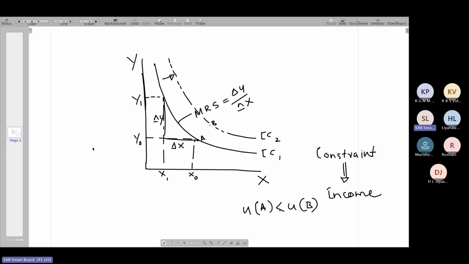And if you talk about another indifference curve, let's take it now, it should not intersect. So I made a mistake.